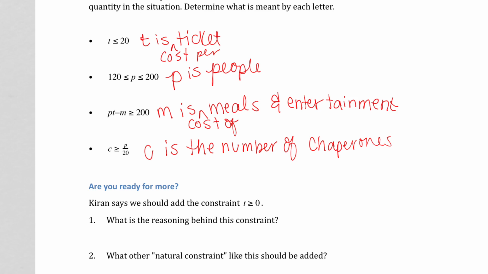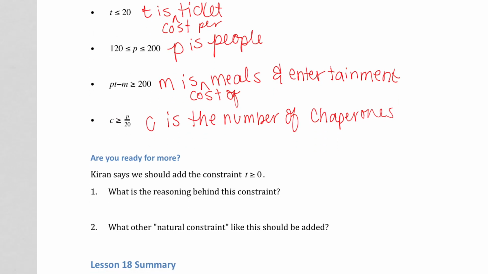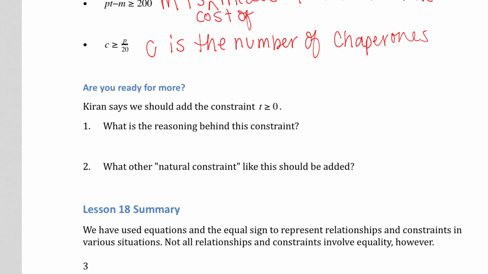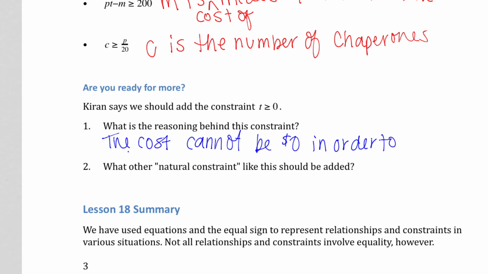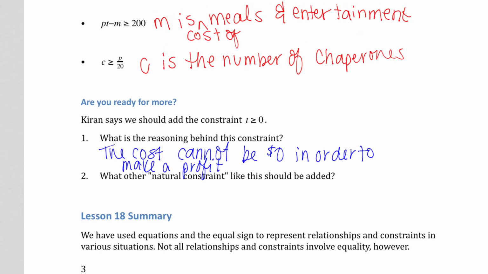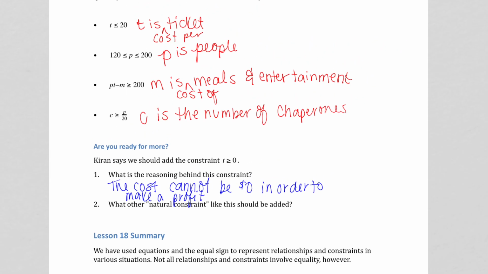No. So the reasoning behind that is that the cost cannot be $0 in order to make a profit. What other natural constraint like this should be added? What do you guys think? Is there another constraint we can add?